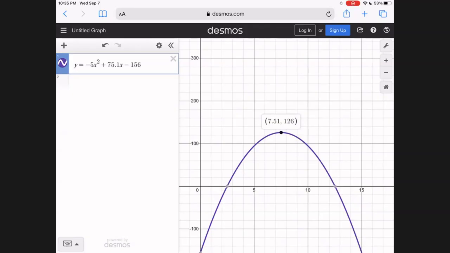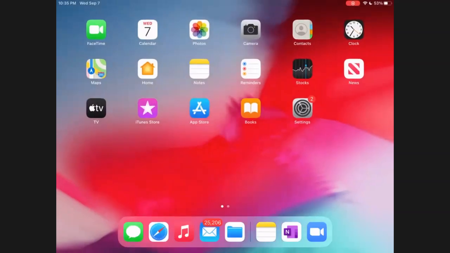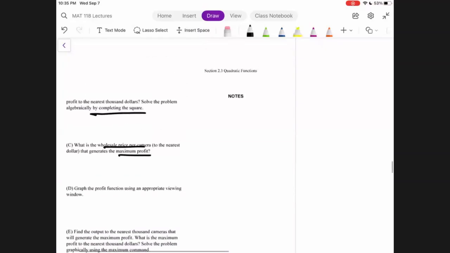Okay. So the last part of the notes, okay, talk about, so what is the max profit? So we said it's 7.51. 126 is the vertex. So that means 74.51 million cameras.